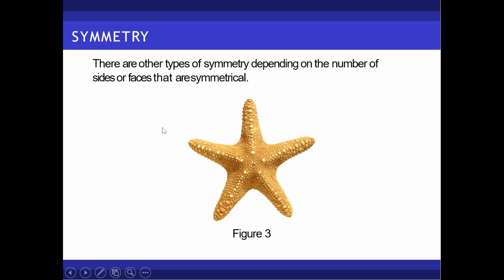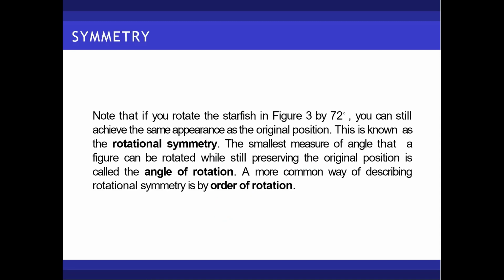There are other types of symmetry depending on the number of sides or faces that are symmetrical. So for example, in a starfish, note that if you rotate the starfish in figure 3 by 72 degrees, you can still achieve the same appearance as the original position.